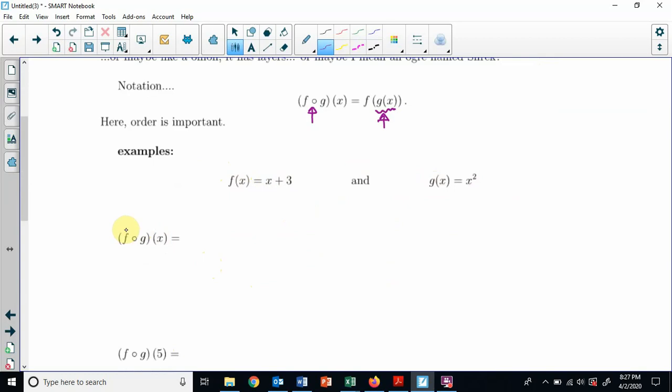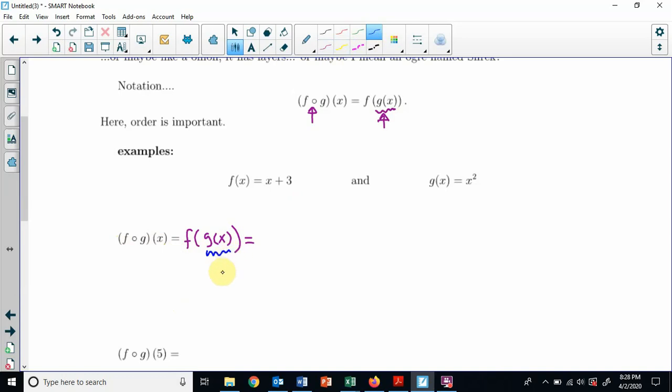F of g. So which one's the outside function? That's f. So I always write mine over, because I like this notation a lot better. But it's not considered as fancy or as formal. So a lot of textbooks and literature prefer it written this way. But I like it this way because I can see what function is on the inside.